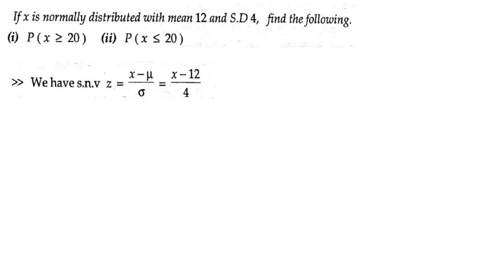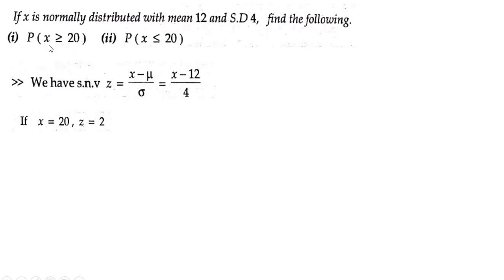The standard variable is given by z is equal to x minus mu by sigma. Mu is 12 and sigma is 4. So for x is equal to 20, what is given here? First condition, P of x greater than or equal to 20.